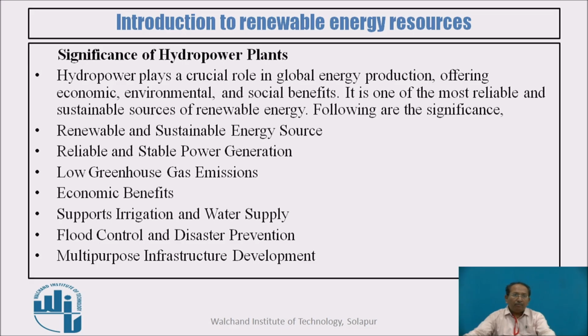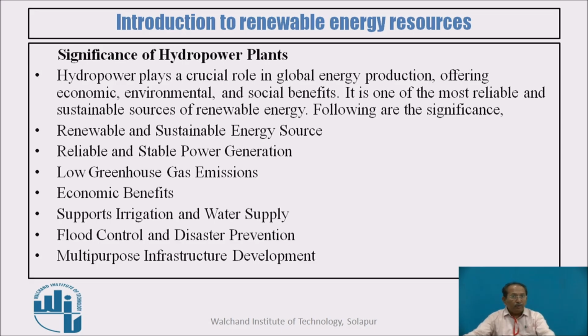Significance of hydropower plant. Hydropower plays a crucial role in global energy production, offering economic, environmental, and social benefits. It is one of the most reliable and sustainable sources of renewable energy. And the following are the significances: it is renewable and sustainable, it is reliable and stable power generation, low greenhouse gas emission as compared to fossil fuels, economic benefits are there, supports irrigation and water supply as water is stored in the upstream of the dam.